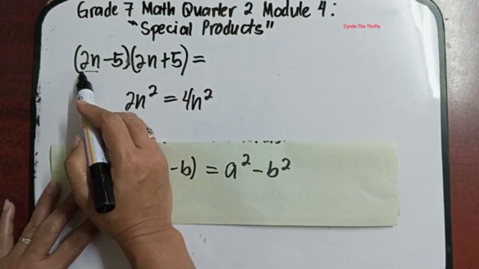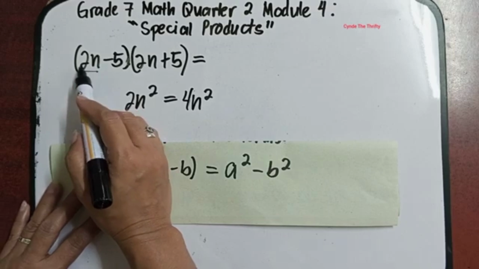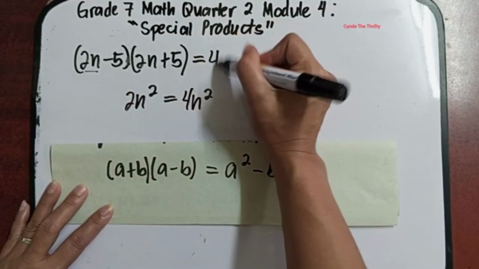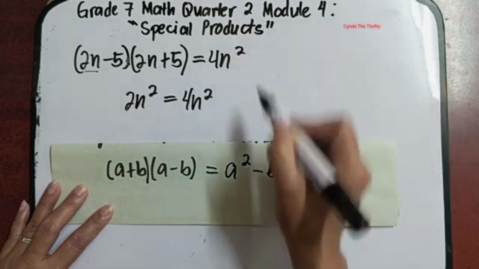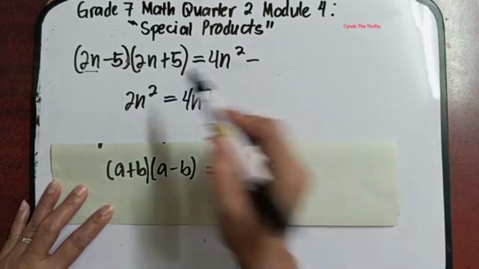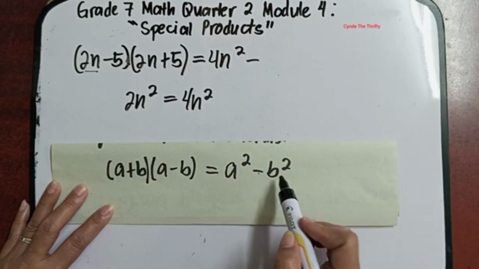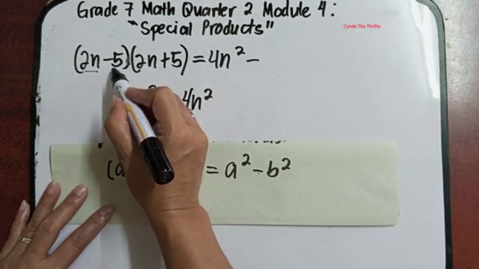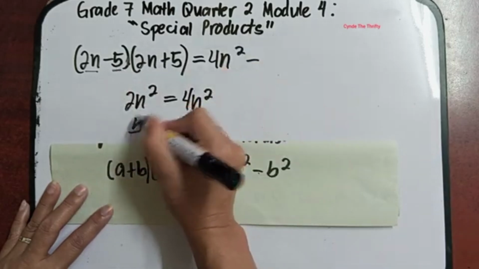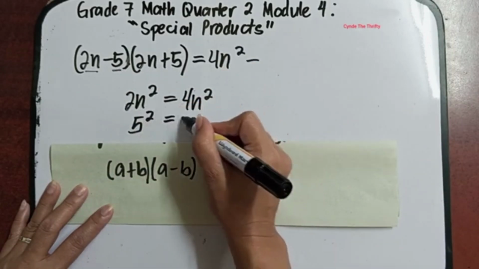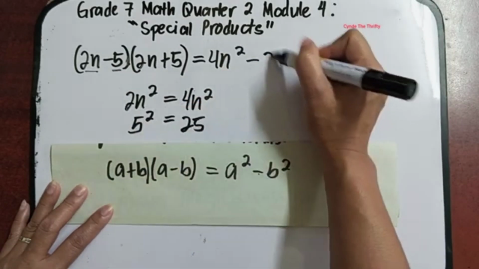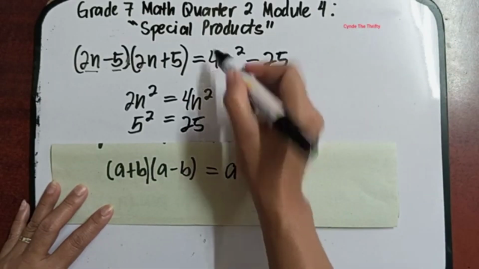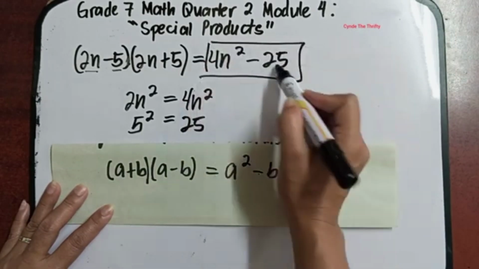So, ibig sabihin, kapag square natin si 2n, ang sagot natin is 4n squared. And then subtract. Ngayon naman is ang second term ang square natin. So ang second term natin is 5. So si 5 squared is equal to 25. So ibig sabihin, meron na tayong sagot agad. Ang sagot natin is 4n squared minus 25.